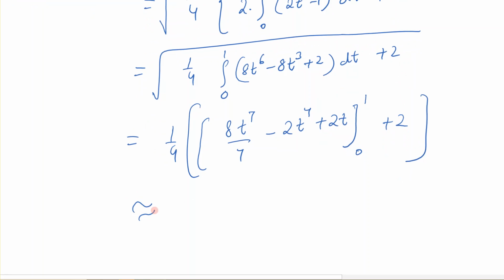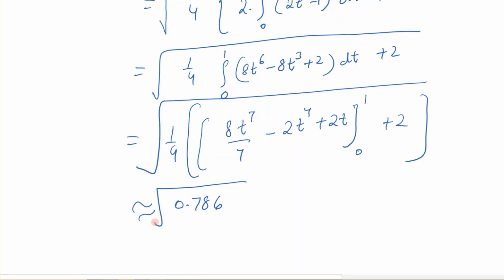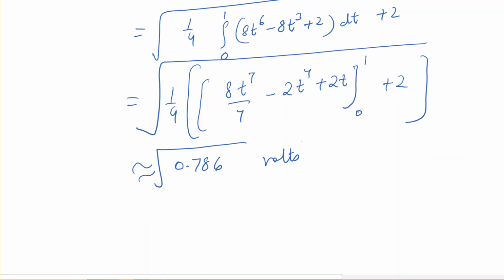And when we solve this, taking the upper limit minus the lower limit, we get approximately 0.786. Sorry, it's under the square root, so these many volts. And the square root of this is approximately 0.886 volts.